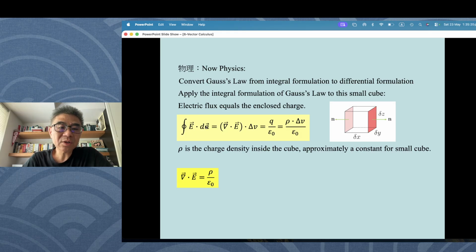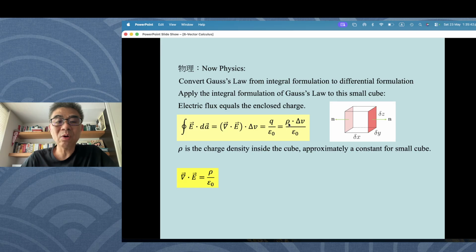And by the physical Gauss's law, the electric flux is also equal to the charge, so rho is also proportional to the electric flux per unit volume if you take this delta V to the left-hand side.